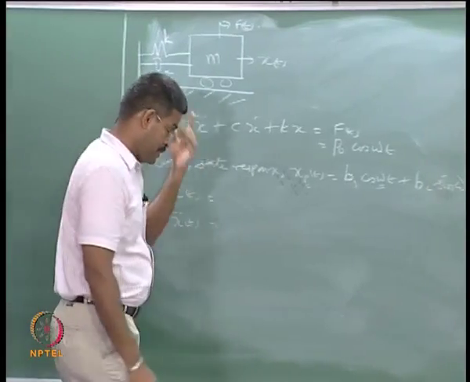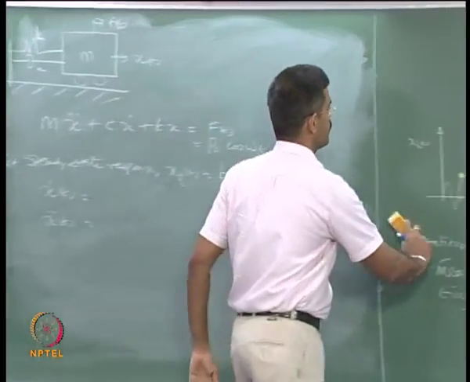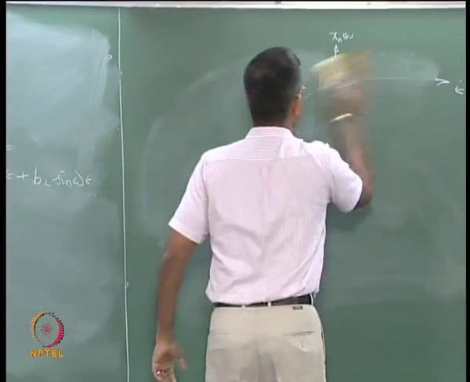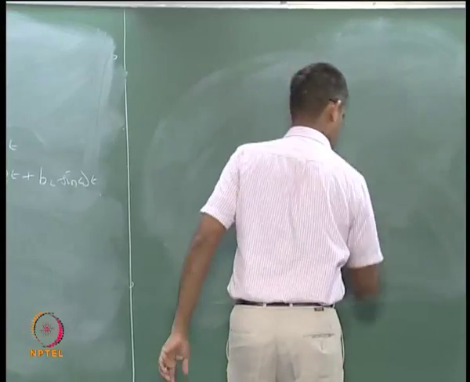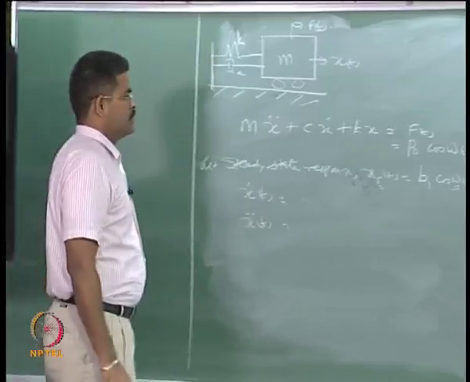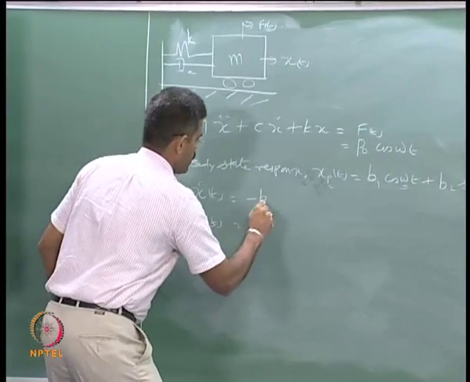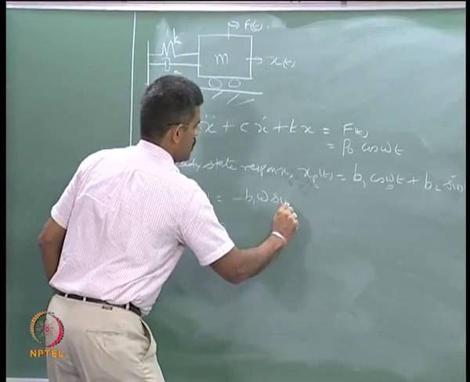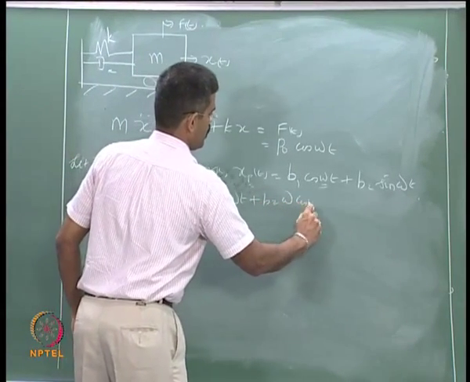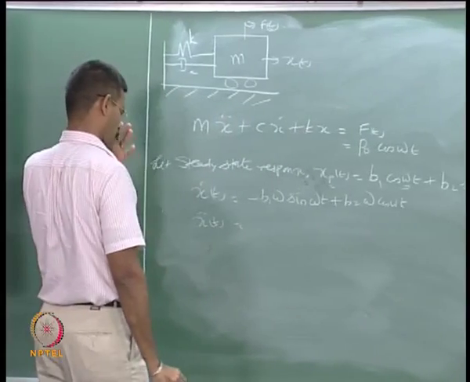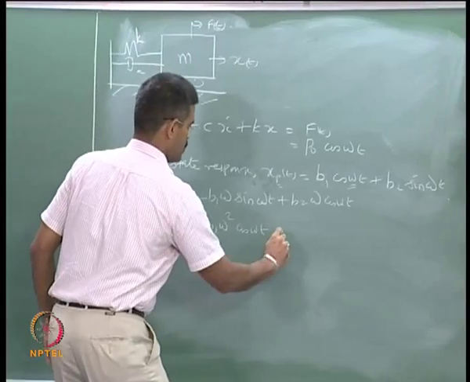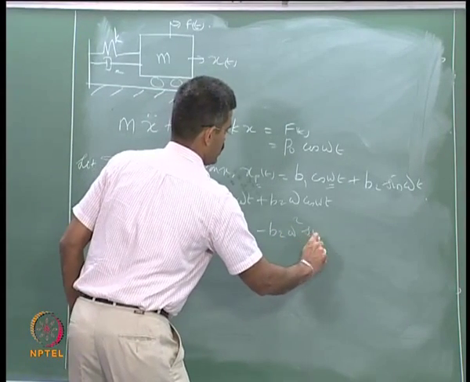So x dot is minus B1 omega sin omega t plus B2 omega cos omega t, and x double dot is minus B1 omega square cos omega t minus B2 omega square sin omega t.